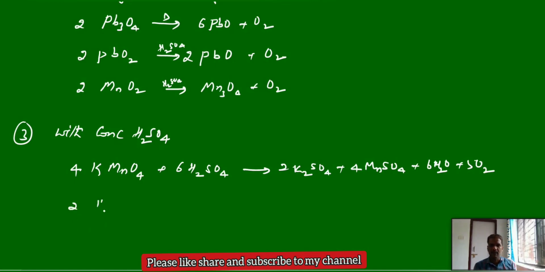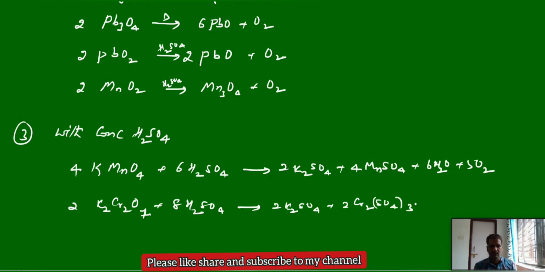Similarly, potassium dichromate. In the previous case, this was a thermal decomposition reaction. Now similarly, we are treating with sulfuric acid. You get chromium sulfate, water, oxygen.